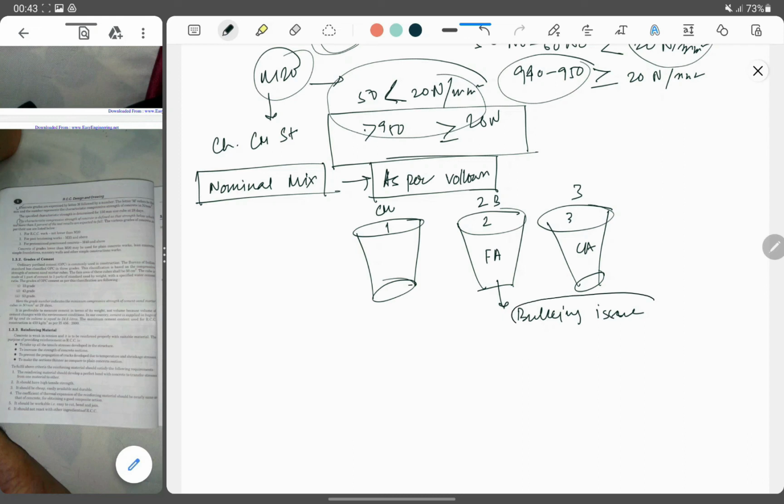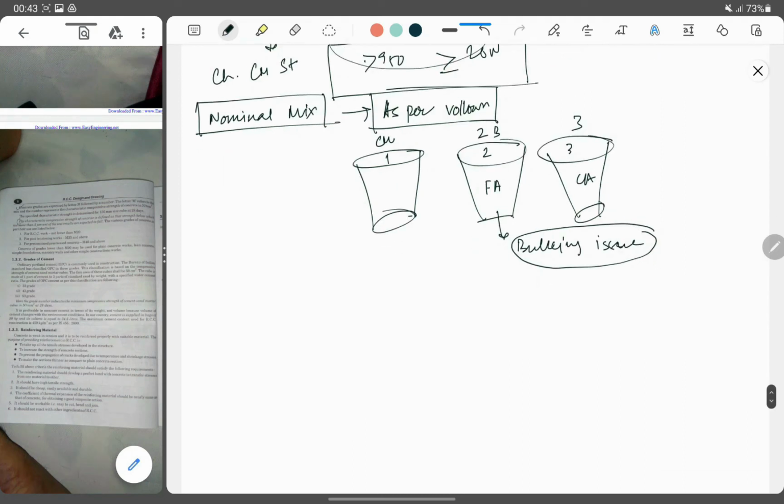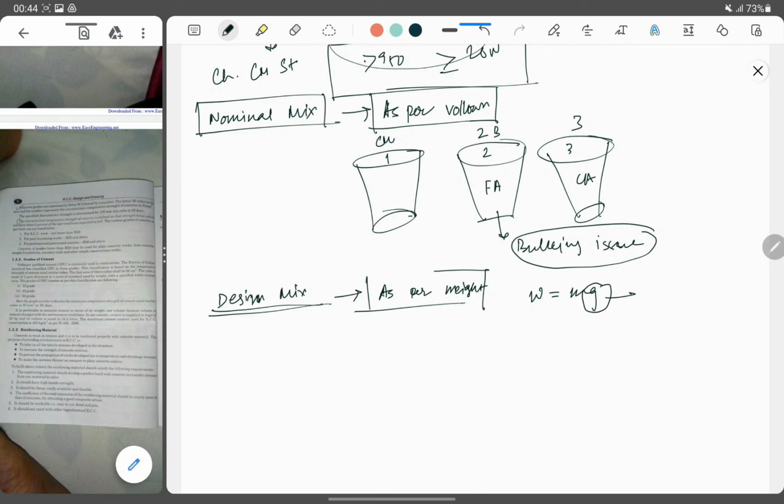So to avoid this bulking issue, we shifted to design mix, where we do all kinds of calculation as per weight. And we know that weight W equals mass into gravity. In our world, g is constant, mass is also constant.